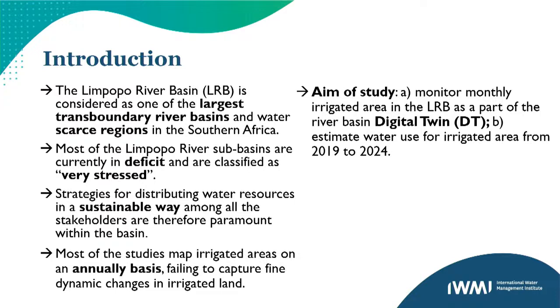So we understood that we need to develop strategies for sustainably distributing water resources among all the stakeholders living in the basin. To develop such strategies, we need to monitor irrigated agriculture and water use.